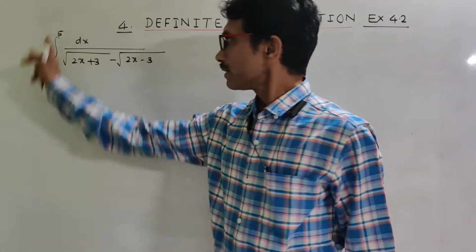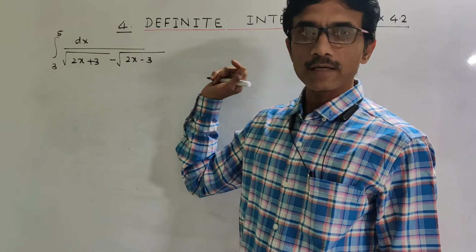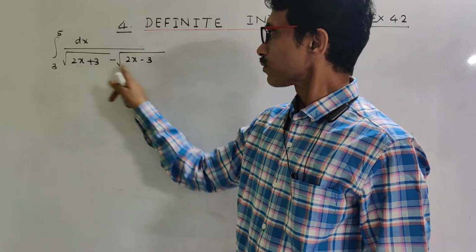Integral 3 to 5 dx upon root of 2x plus 3 minus root of 2x minus 3. So here, first of all, we rationalize it. We will multiply the numerator and denominator by the conjugate of this.